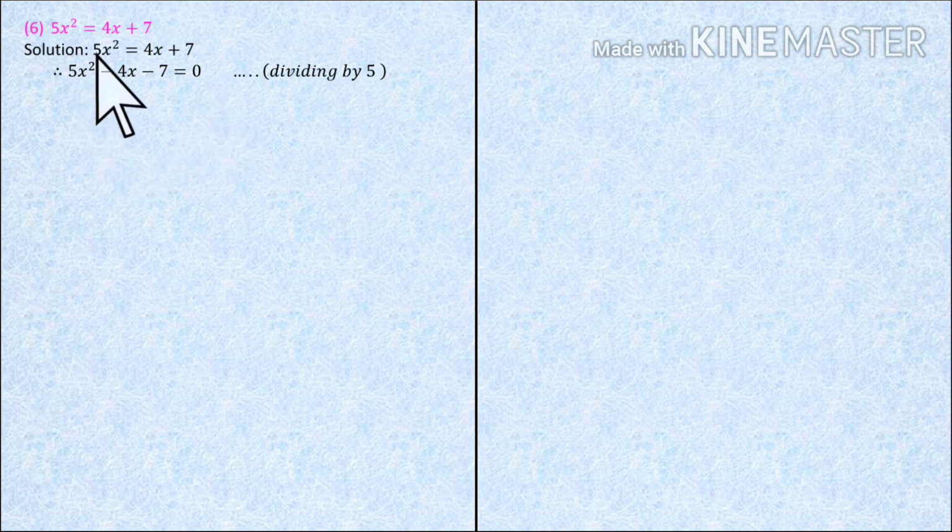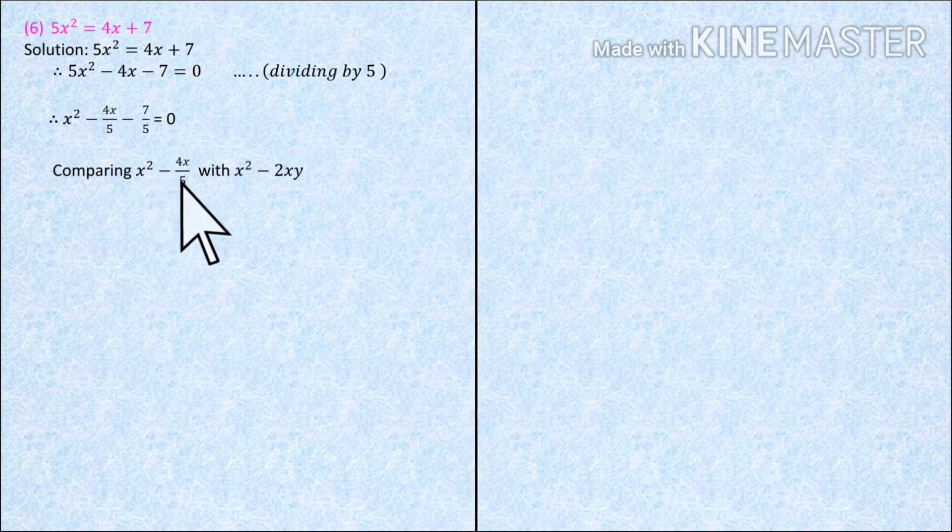Now here x square has the coefficient 5, so we have to divide the equation by 5. After dividing by 5, we get x square minus 4x by 5 minus 7 by 5 is equal to 0. Now compare the first two terms of the equation with x square minus 2xy. Therefore, minus 2xy is equal to minus 4x upon 5.